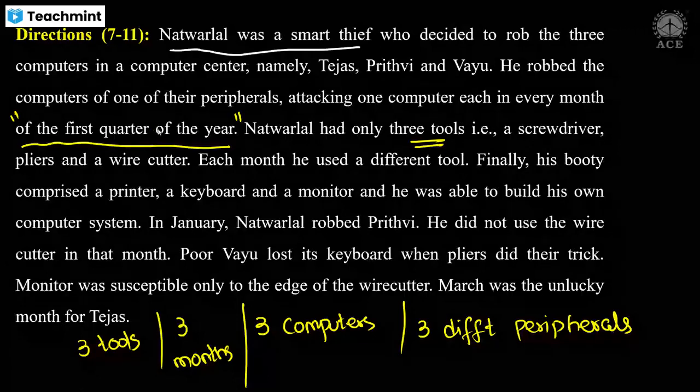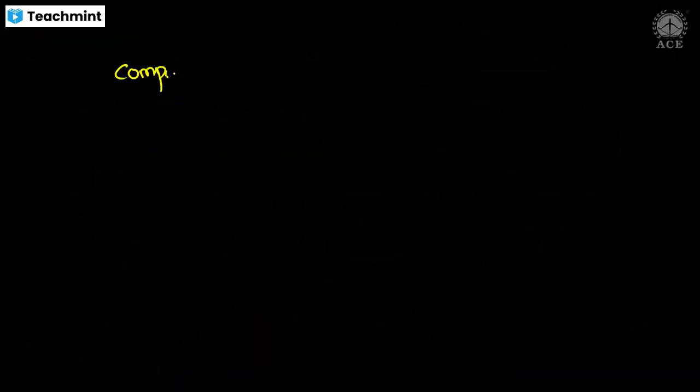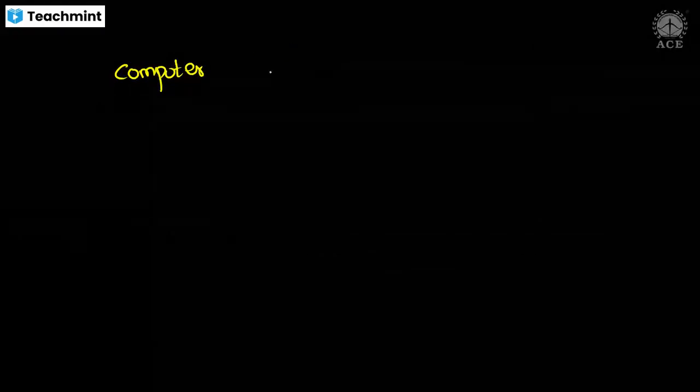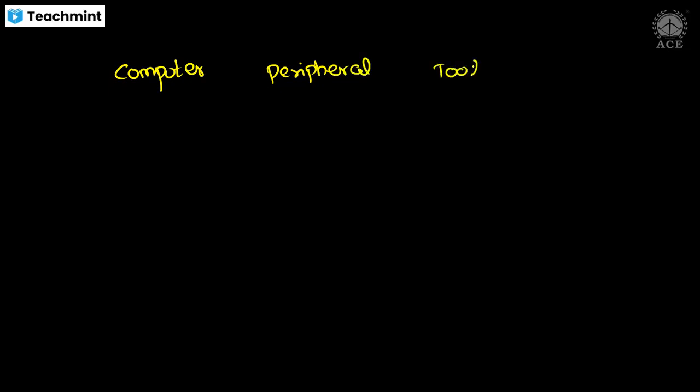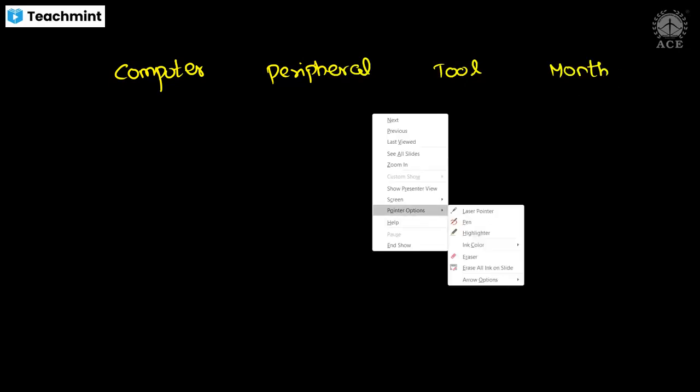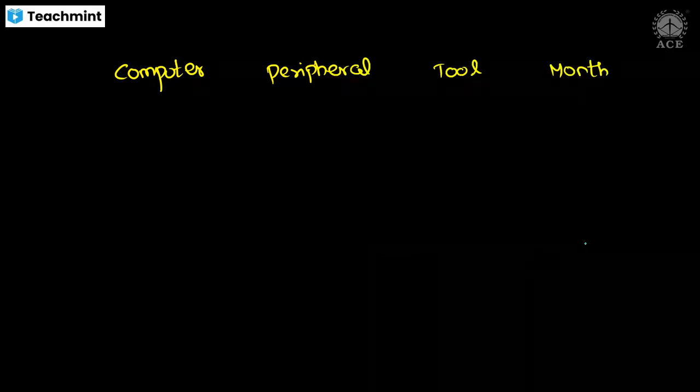Which computer, which peripheral is taken, which tool is used to do that, which month that is done. So we know the months are January, February, and March, first quarter.